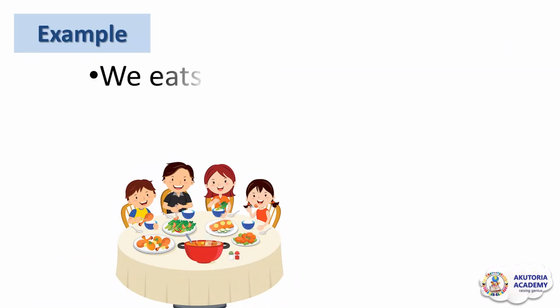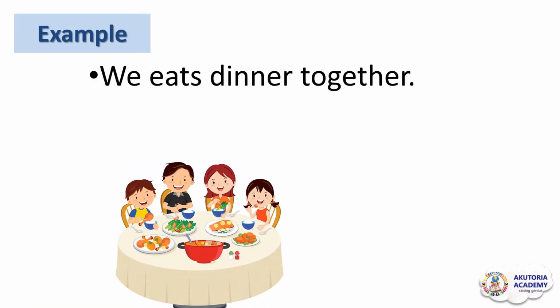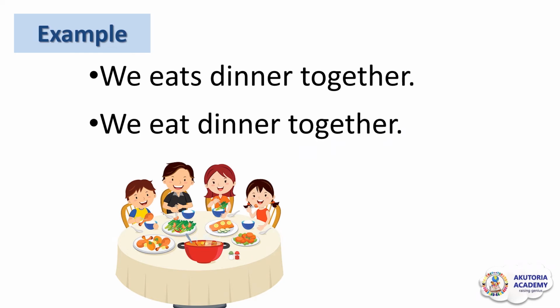Let's see this example. Which of the sentences is correct? We eats dinner together, or we eat dinner together. Which is correct? First or the second? The first is a no-no because the verb eat has an s.